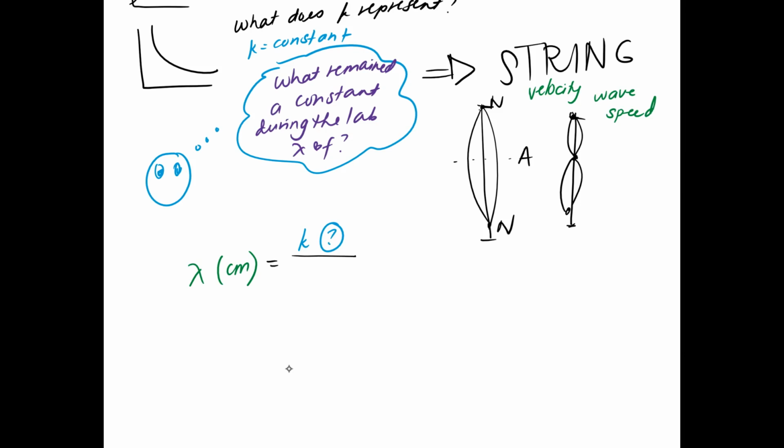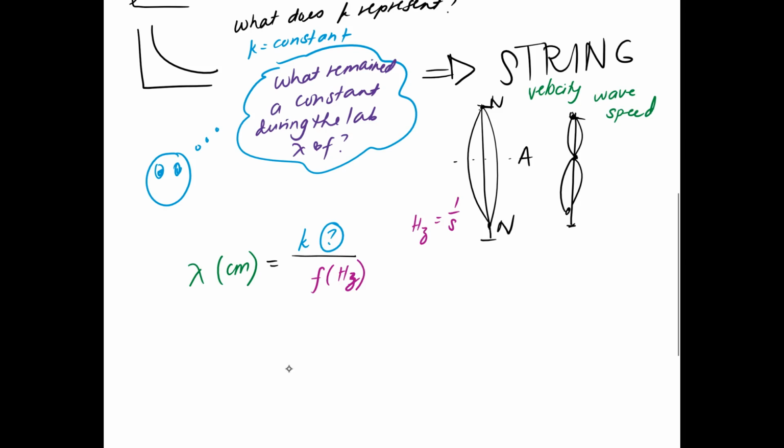Then we have frequency, which is our hertz. Remember that hertz is equal to 1 over second. So it's the number of times a cycle happens, how much time it takes for one cycle to happen.